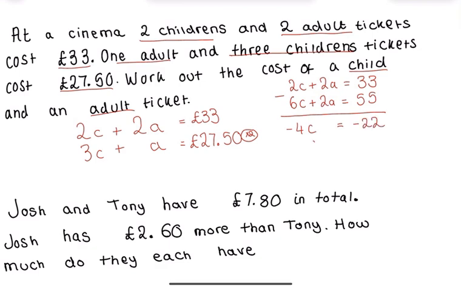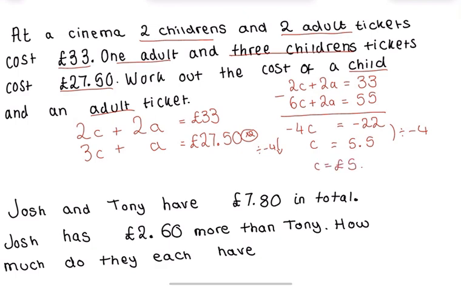Now to solve this, we're going to divide both sides by that negative 4, making sure it's negative to get rid of that negative sign. So we're going to do negative 22 divided by negative 4, which gives us 5.5. So we can say there that the child's cost of the ticket is £5.50.